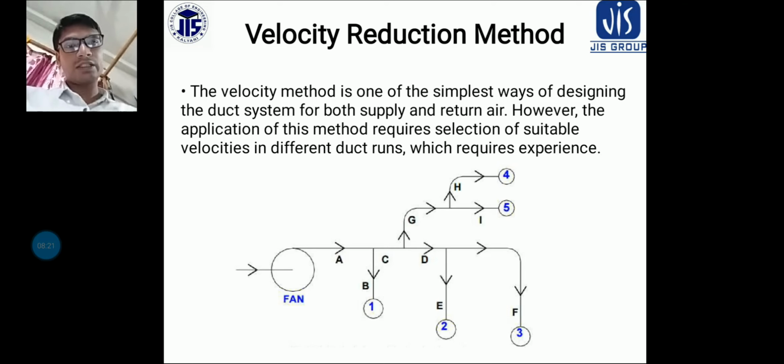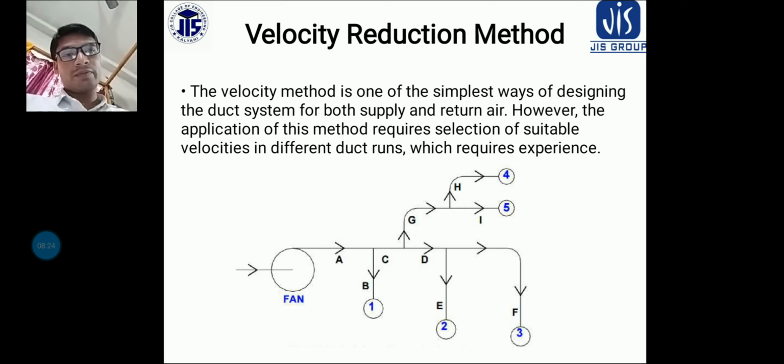The fan is there, and from the fan the refrigerated air is circulated, from A to B, B to C, and A to B, one system you can see, and from A to C, and C to G and D, both ways it is following, and from D to E and F, and from G to H and I.